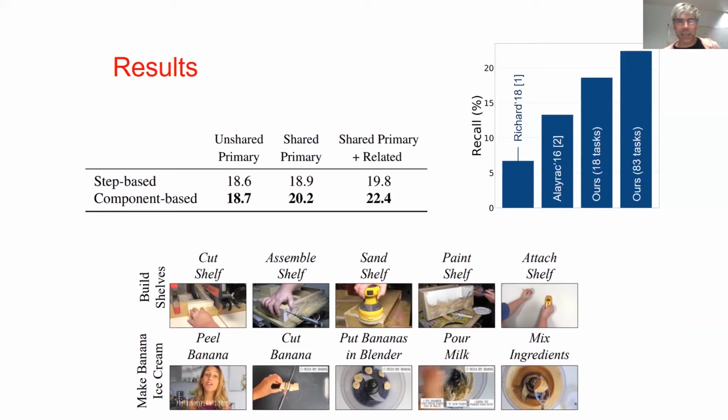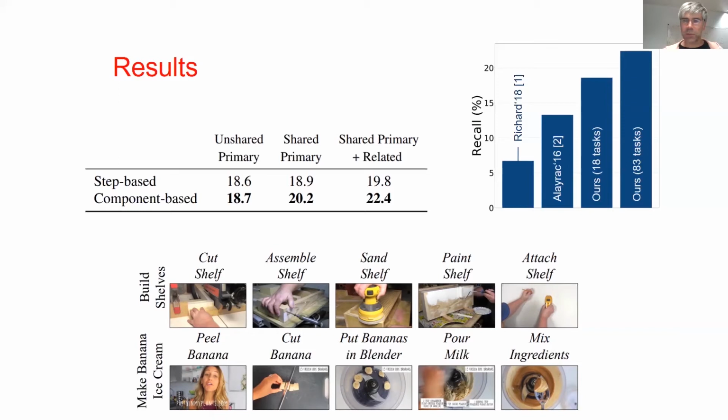The step-based classifier would treat, for example, whisk mixture as a unit, as one action, we don't decompose it. Component-based is where we treat whisk and mixture as two different entities, two different components, and we learn them separately.